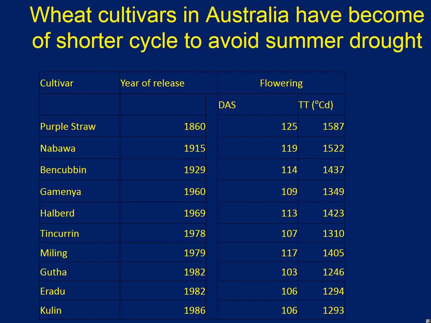It is clear that the growing cycle, the growing season length has decreased with the breeding programs, and that allows better conditions during flowering, because in this case, longer time to flowering means entering under summer conditions which have a higher risk of drought.